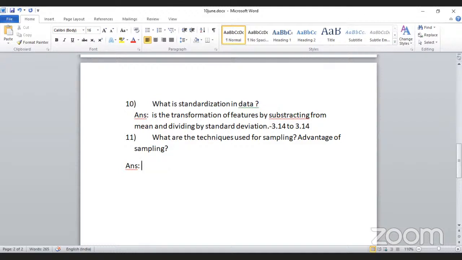First one is probability sampling. Next one is non-probability sampling.